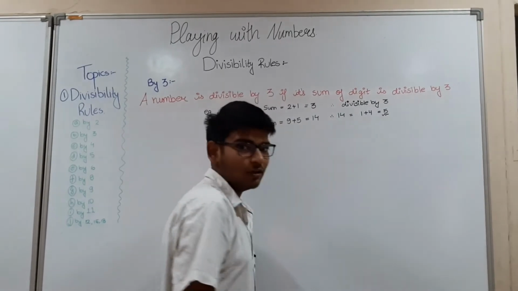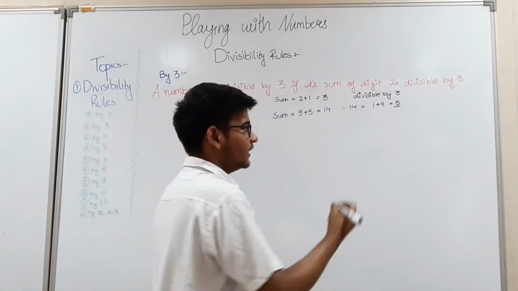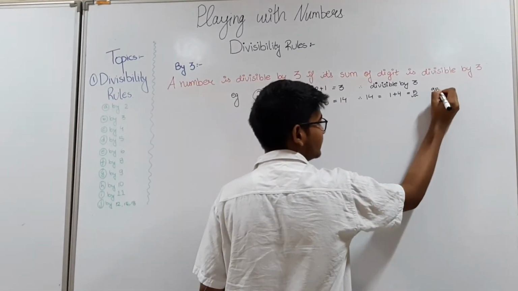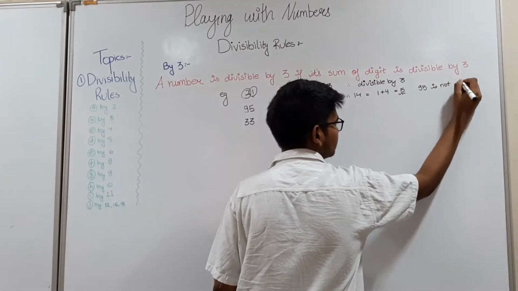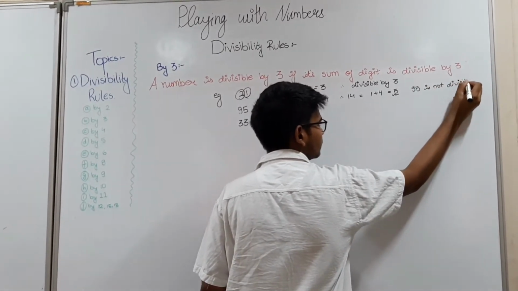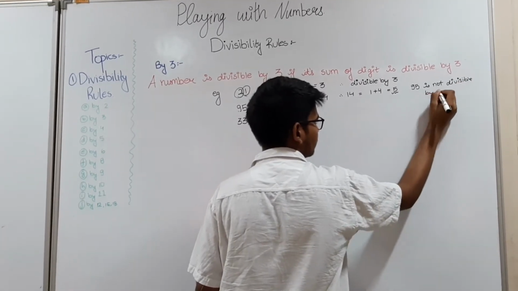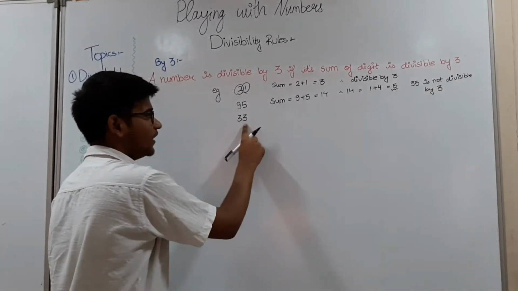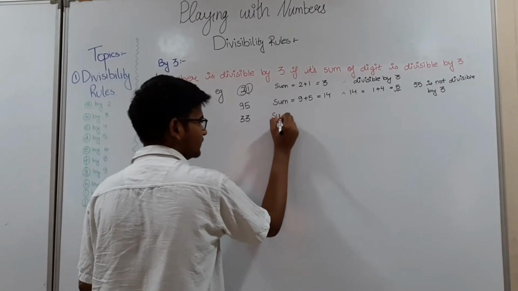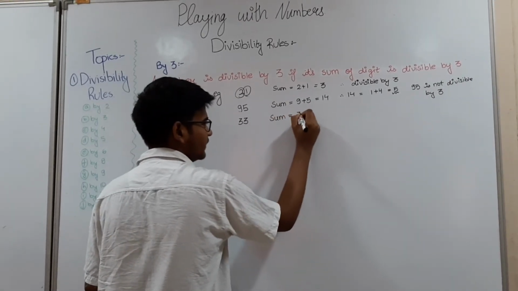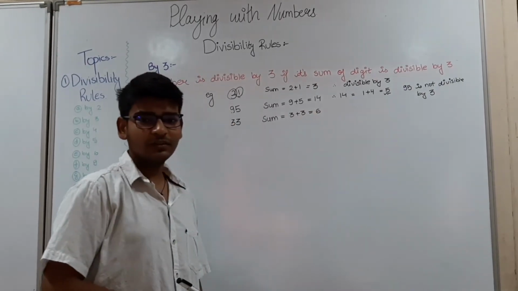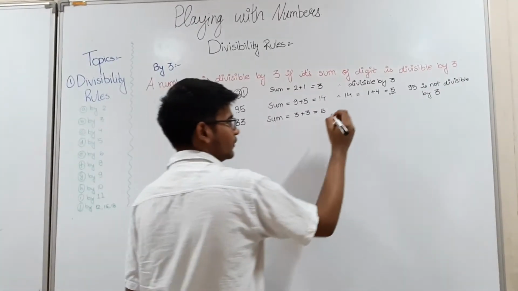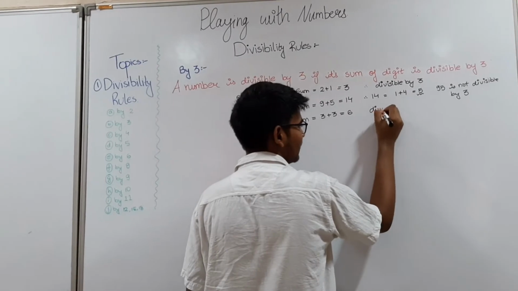Now 5 is also not divisible by 3, therefore 95, the original number, is not divisible by 3. Now let us take the example of 33. Here the sum is 3 plus 3, that is 6, which is divisible by 3. Therefore 33 is divisible by 3.